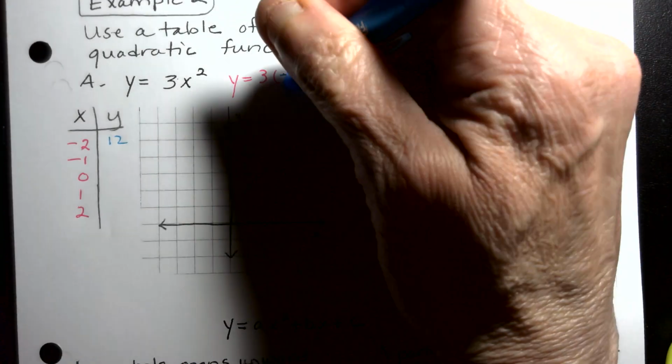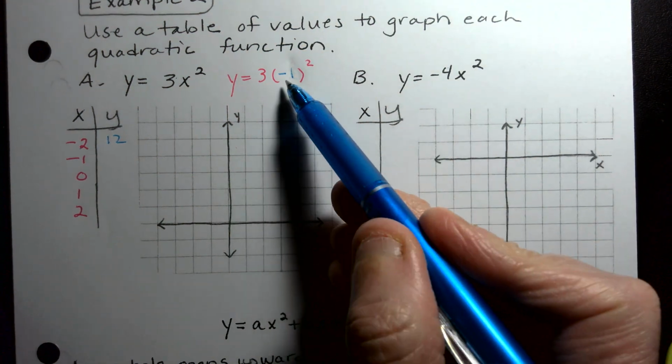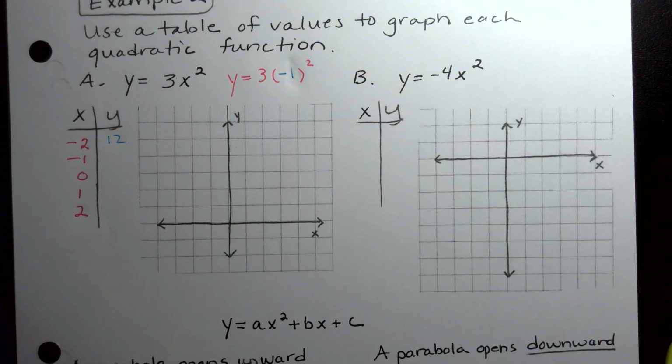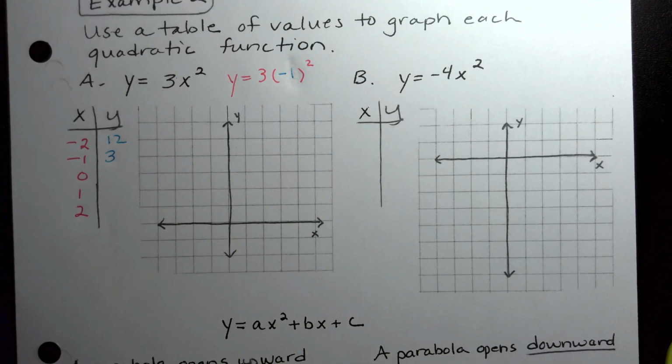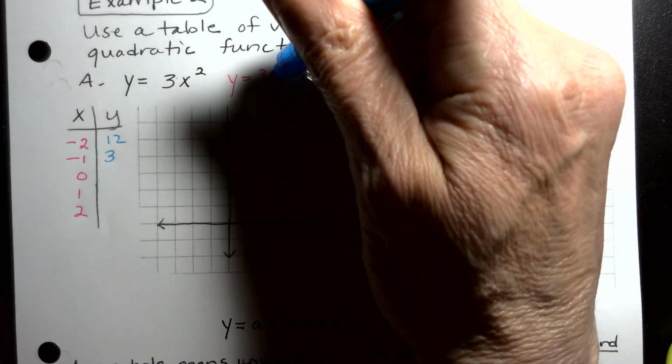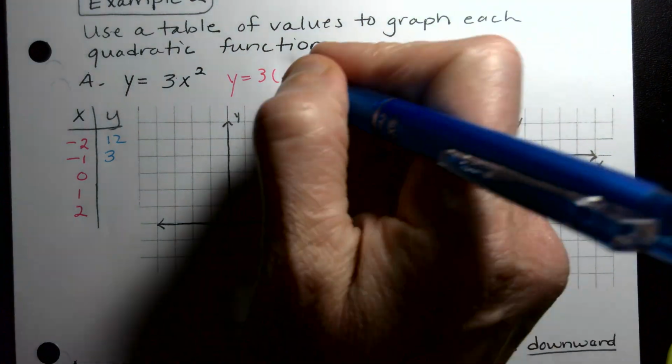Then we're going to go to the next one. We're going to go to -1. -1 squared is 1. Times 3 is 3. You guys can go ahead, and if you can do these, go ahead and do them on your own, then you can check them with mine.